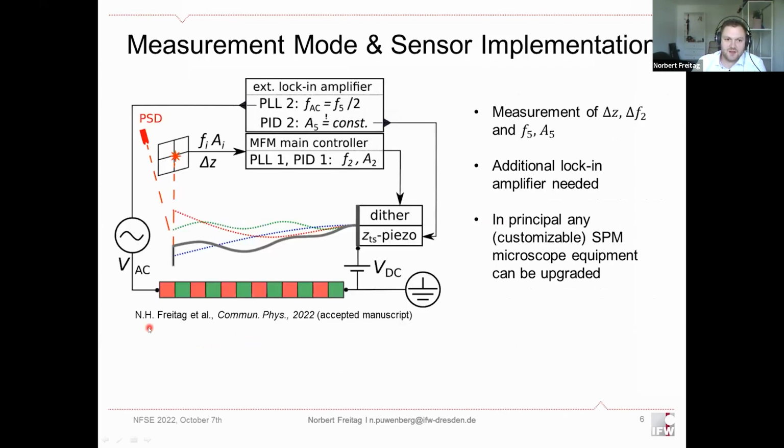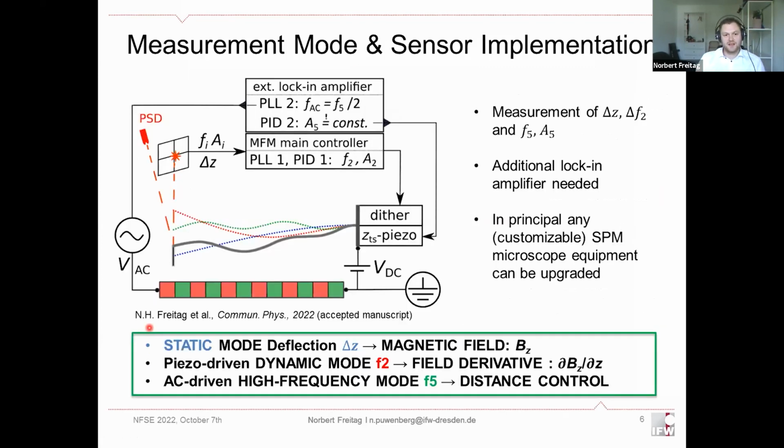Okay, next slide. So how is this implemented? In principle, this measurement mode can be employed for any customizable SPM microscope equipment. It can be upgraded, and the sensor can also be used in any equipment. The only need is an additional lock-in amplifier to guarantee this multi-frequency operation.